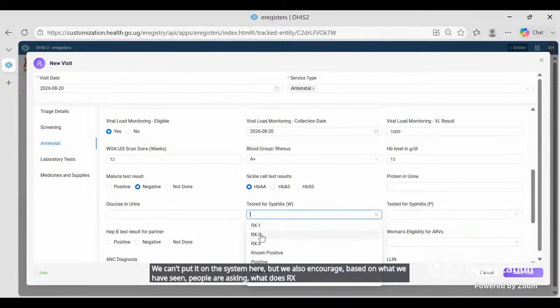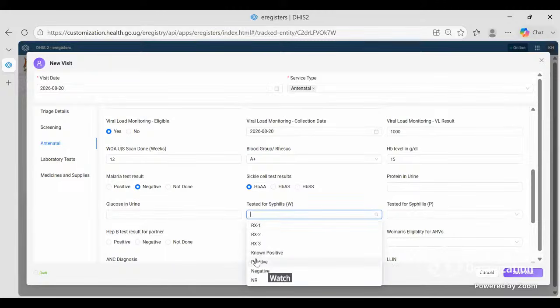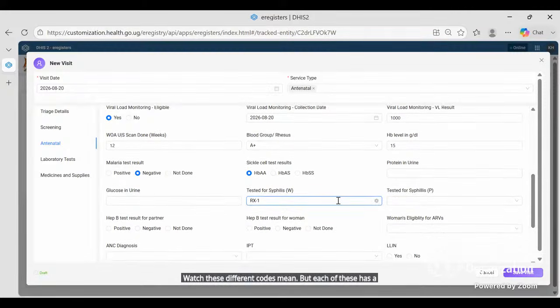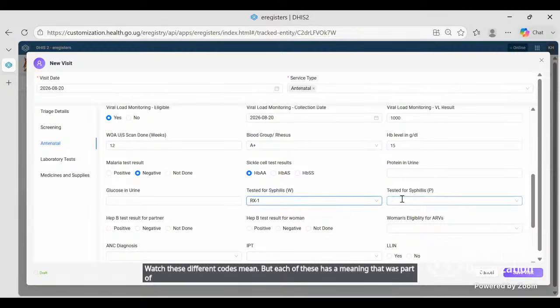What does RX2 mean? We encourage that at facility level, please make reference to what is on the paper register, or pull it out and even just pin it for everyone to get to know what these different codes mean. Each of these has a meaning that was part of the definitions in the register.